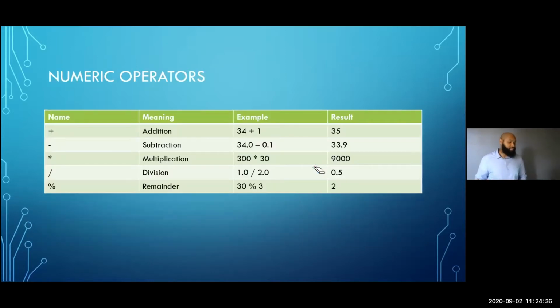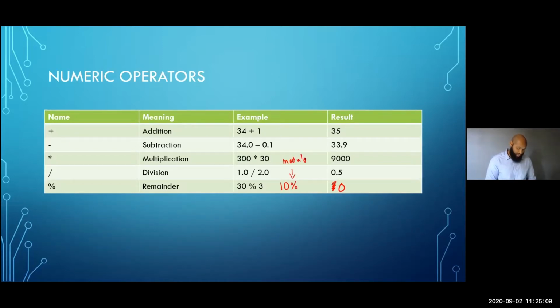For numbers, we have our basic mathematical operations: addition, subtraction, multiplication, division, and remainder. So remainder is a little bit different. When you divide by whatever this number is, it's going to take the remainder of that. So technically, this is not correct. This actually has a remainder of 0. But if I do this right here, 10, and that is called a modulo.